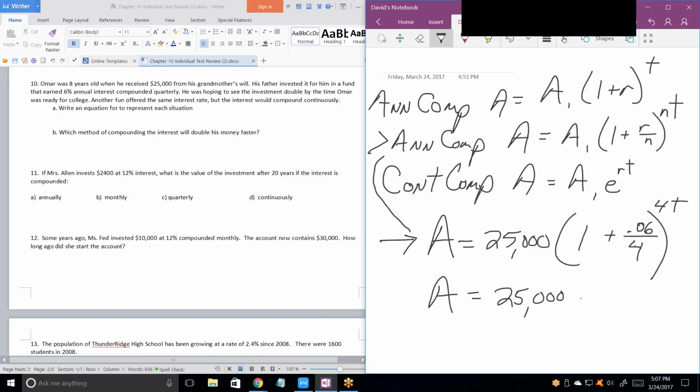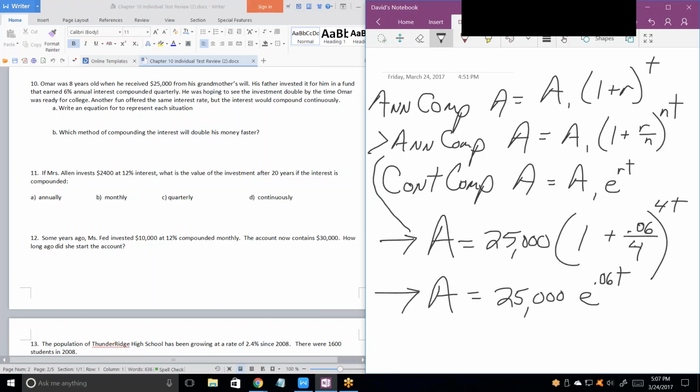It's like pi. It's most accurate when written as E. So it's e to the power of 0.06t. Okay? And that's the second equation. So there's the answer for A, those two equations.